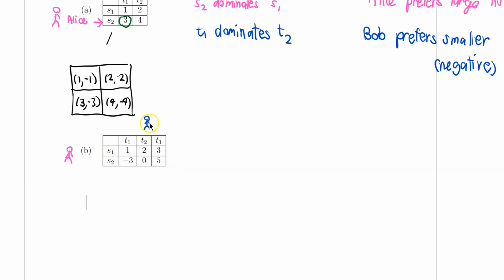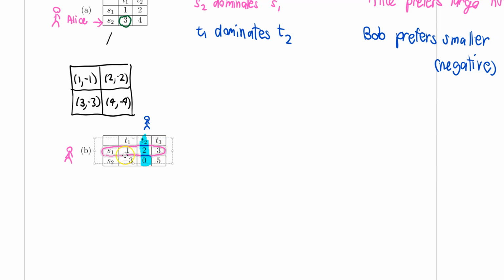So let's put ourselves in Bob's shoes instead. Now, we can see that for Bob, T2 is going to be better than T3. Let's see, if Alice chooses the first row, then T2 is better than T3 because paying $2 is better than paying $3.